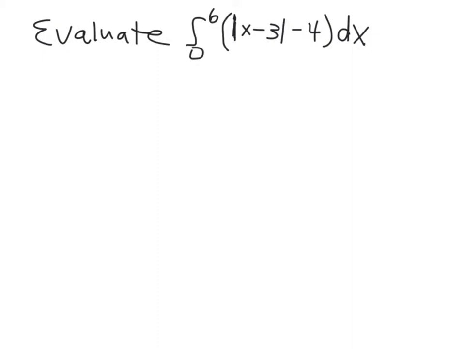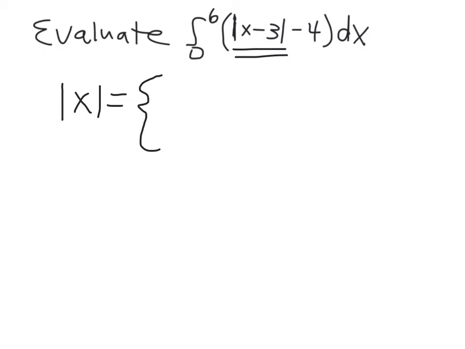So first of all, we need to think about what this absolute value function form would be. Now, we'll look at the definition of the absolute value. We'll just start with the absolute value of x, and it depends on what x is as to what the output would be.